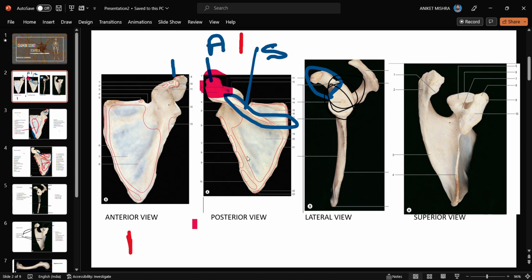On the dorsal surface, there is a convex triangular spine, the spinous process, present on the dorsal side of the scapula, and it divides the scapula into the supraspinous fossa and the infraspinous fossa. The lateral border is a little thicker than the medial border of the scapula.